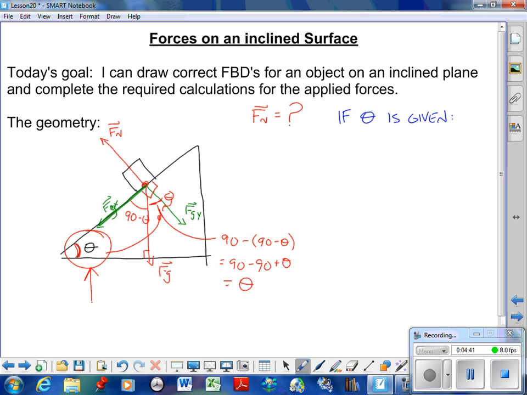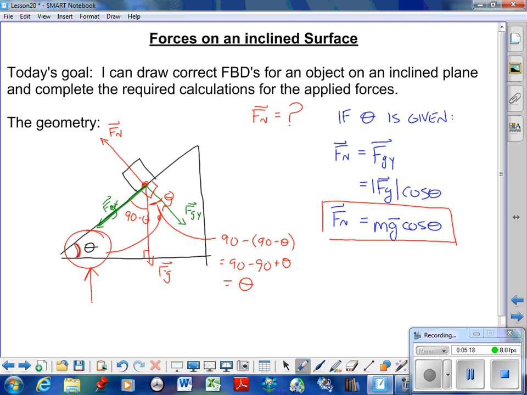Well, I know that the normal force, which is equal to FGY in this case, will equal the magnitude of Fg cos theta, which is equal to, and you can break this down to its lowest base here, mass times gravity cos theta. So that's what your normal force would be equal to for an object that's on an inclined plane.